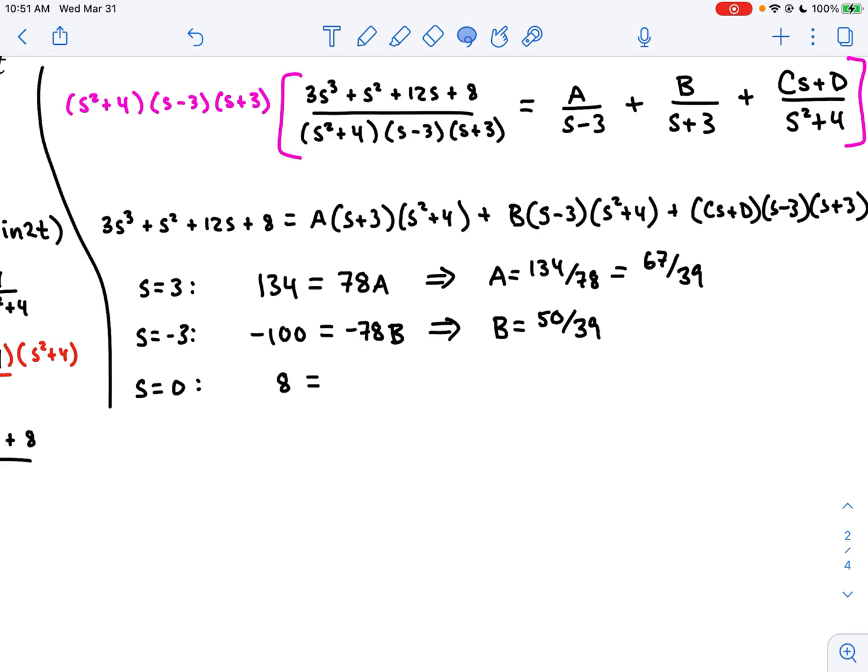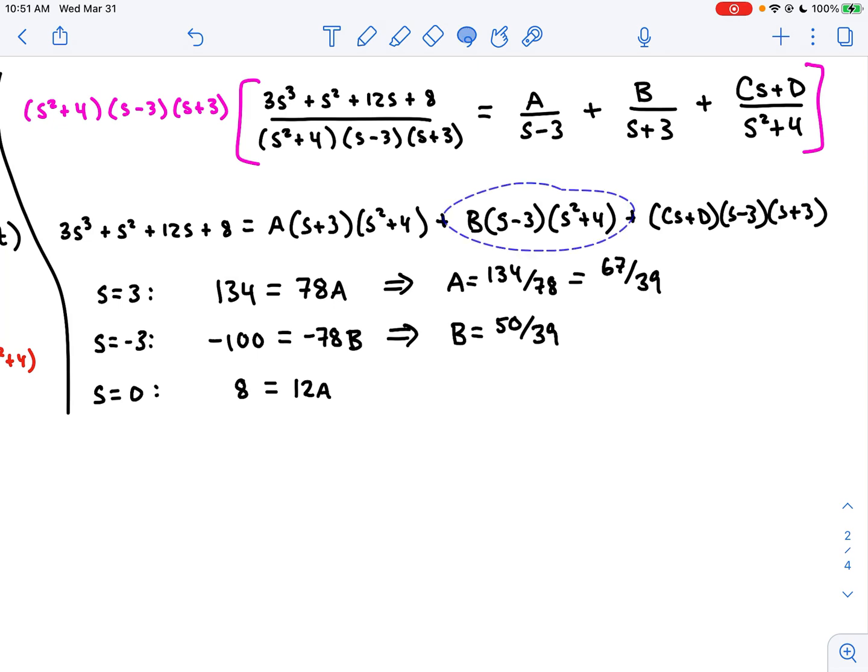That part was easy. And plugging in 0 for s, we get 12a here. Plugging in 0 for s, we're going to get plus 12b. Sorry, minus. Plug in 0, this will be a minus 3 times a positive 4. So it's going to be minus 3b. Almost made a mistake. So minus 12b.